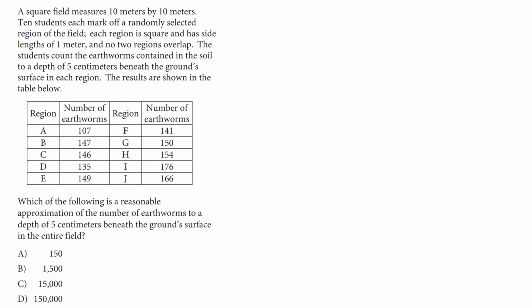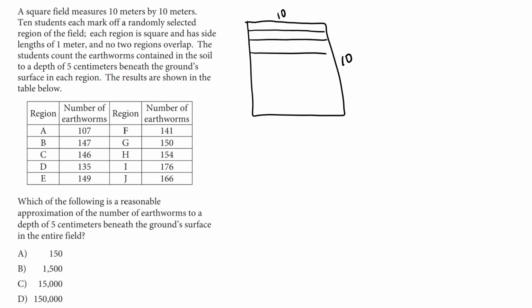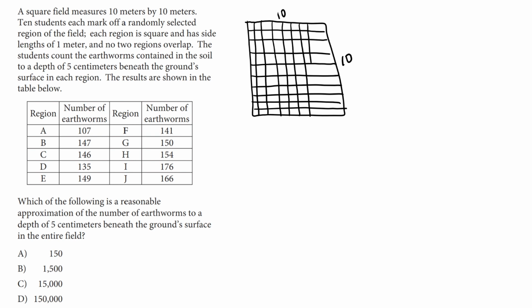So if we wanted to visualize this, it would look something like this. There's a square region that's 10 meters by 10 meters, and this is broken up into 100 regions. Now each of these regions is 1 meter by 1 meter. So each student is picking out a region.